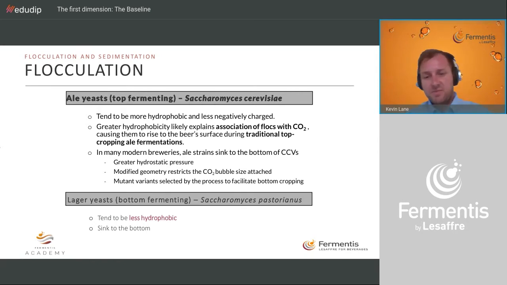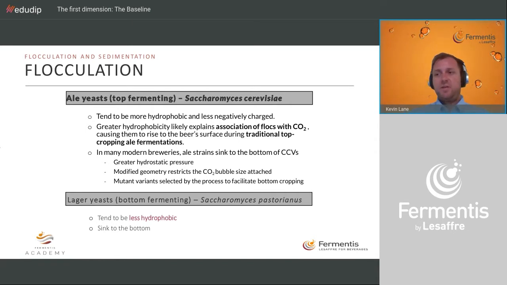And in terms of the modern strains, the current strains that are available in the market, many of them have been selected over time for the ability to crop off the bottom of the tank. Obviously, if you're collecting from the bottom of the tank, you're only collecting those mutant variants that are falling to the bottom of the tank, not the ones that are stuck in the foam at the top of the tank.